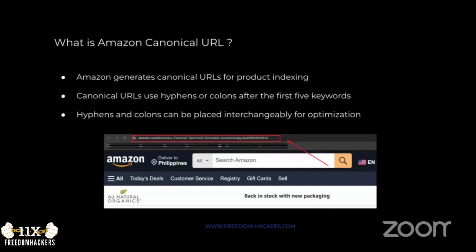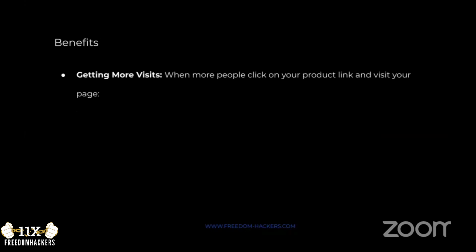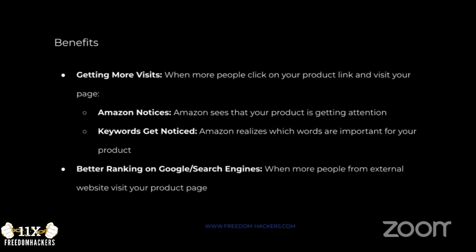If someone searches for a product on Google, Google is going to show Amazon product listings, which means that if we have done this optimization well, we're going to get visibility from Google as well.